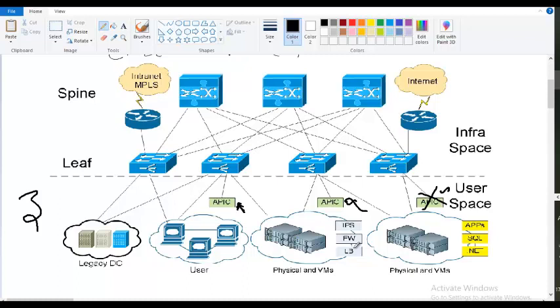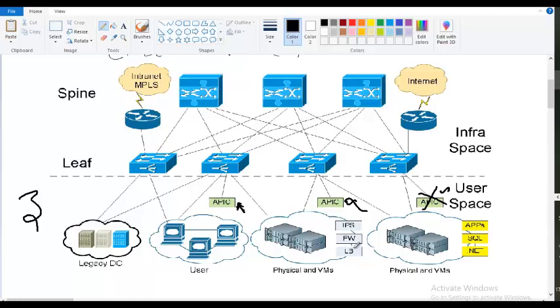Why? I said APIC is a shared database. In order to write to the database, minimum 2 APICs are needed. Minimum. If you have 3 APICs in the cluster, minimum 2 is necessary in order to write to the APIC's database. Minimum 2. That's what I said.